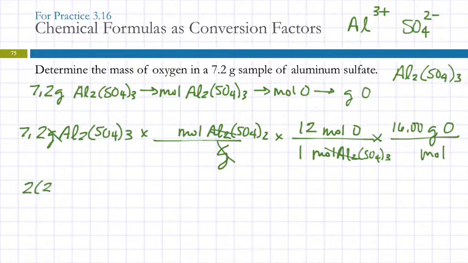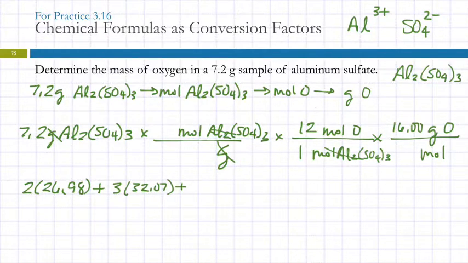2 times 26.98. How many sulfurs are in there? Well, I wrote this one wrong. This here is supposed to be a 3. There's 3 sulfurs, right? In 1 mole of aluminum sulfate, 3 moles of sulfur. So sulfur is 32.07.